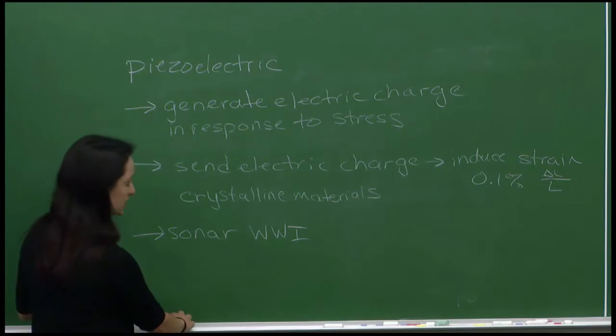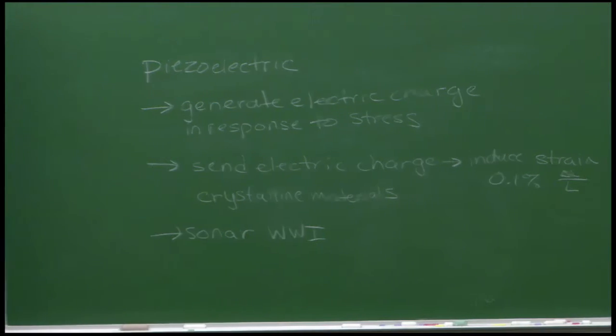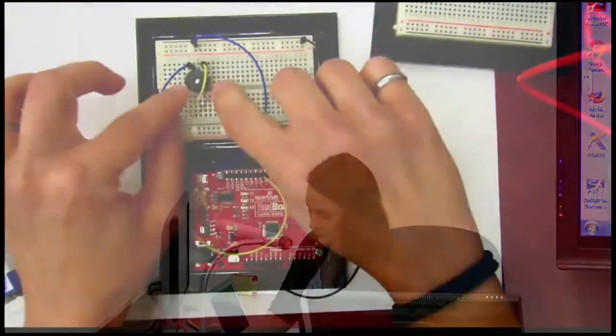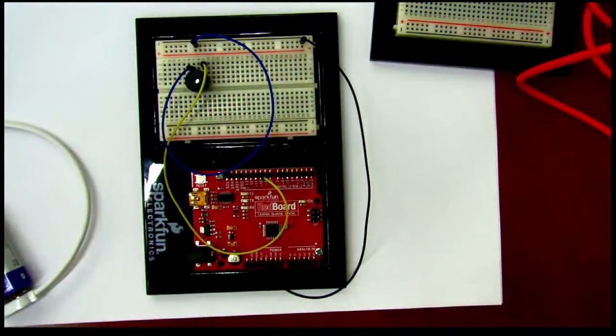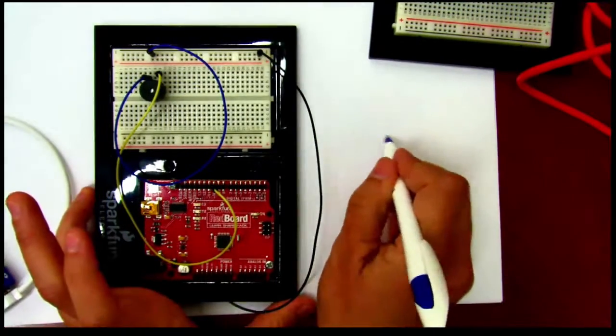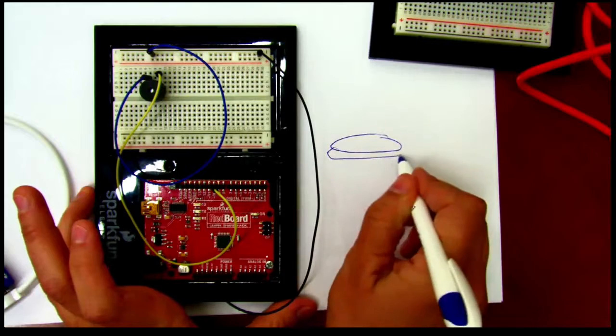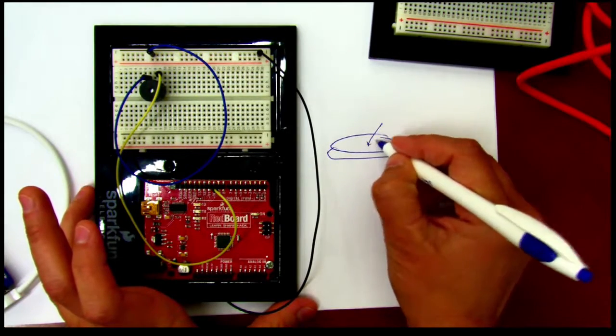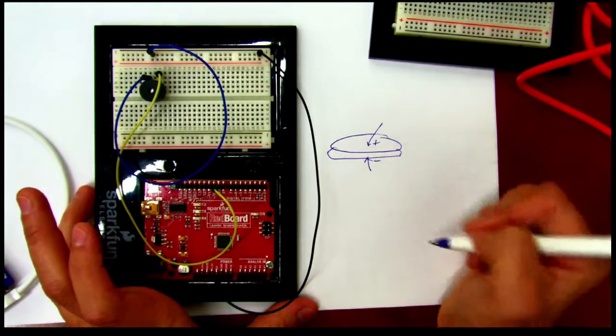This one is a piezoelectric buzzer we have under here, part of this little kit. What it does is, you have two plates of materials on top of each other, and you induce different polarity on them.